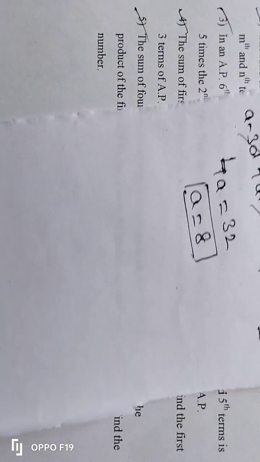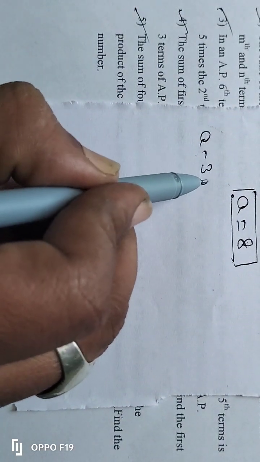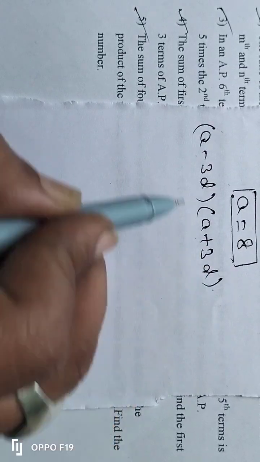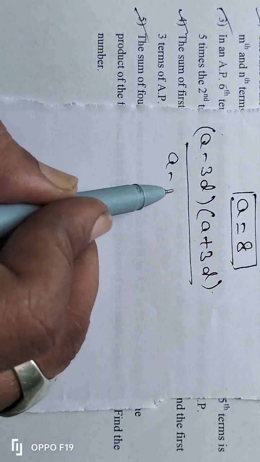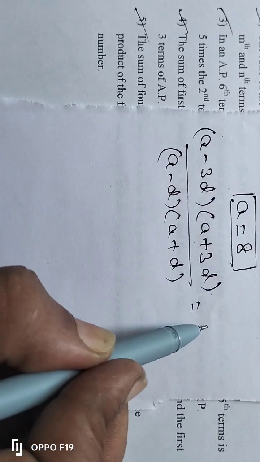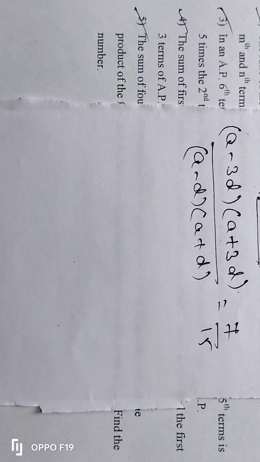So the ratio: (a minus 3d) into (a plus 3d) divided by the middle terms (a minus d) into (a plus d), which is equal to 7 is to 15, which can be written as 7 by 15.